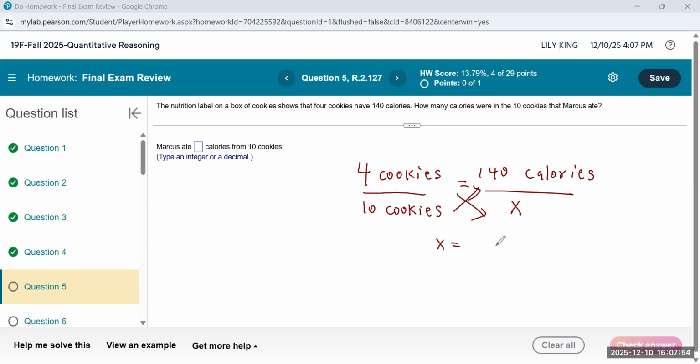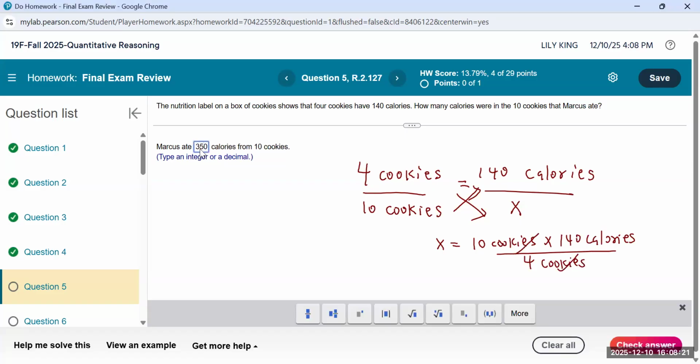You need to apply the cross product. 10 times 140 divided by 4 gives you 350 calories. So 10 cookies will have 350 calories.